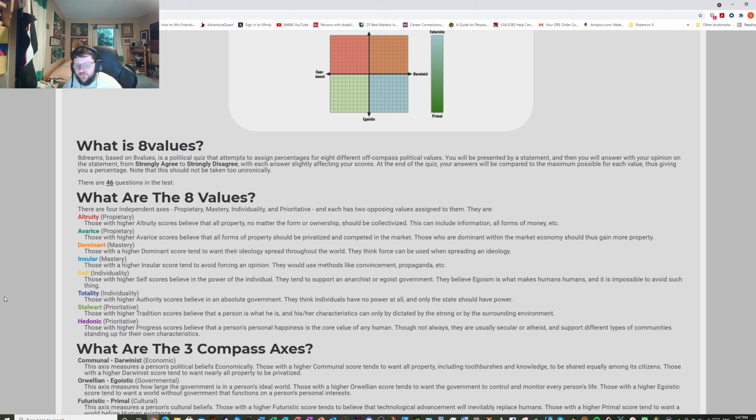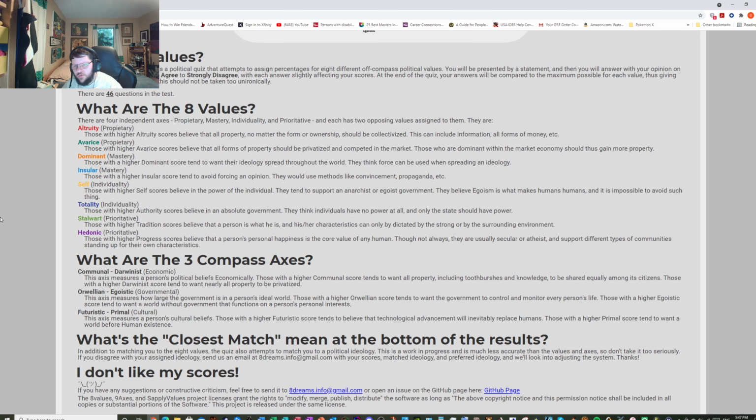Those with higher self scores believe in the power of the individual. They tend to support an anarchist or egoist government. They believe egoism is what makes humans humans, and it is impossible to avoid. Totality: those with higher authority scores believe in absolute government. They think an individual has no power at all, and only the state should have power.